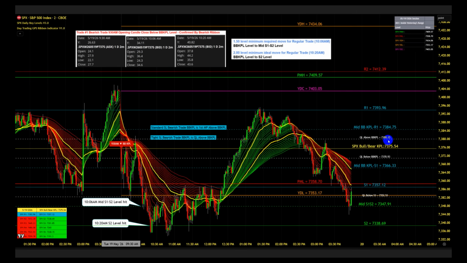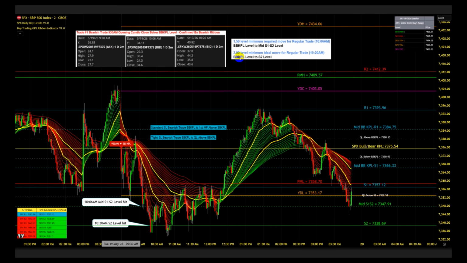So the range can be from R6 down to S6 in those higher to extreme volatility days, whereas in the lower choppy environments that comprise those 15 to 20% of sessions, it will be anywhere from the midpoints or from R1 down to S1. But in 80 to 85% of the sessions, R2 down to S2 will comprise the range in a normal year in a normal volatility environment.